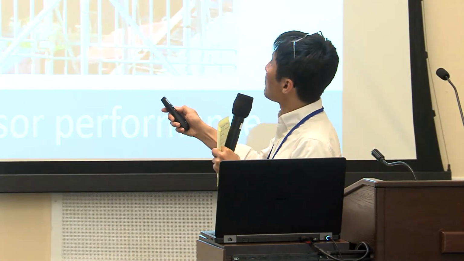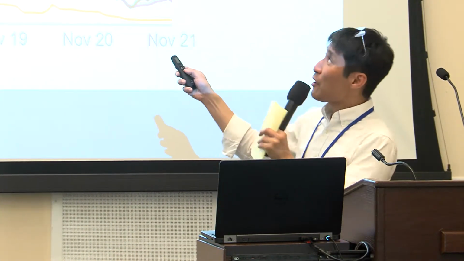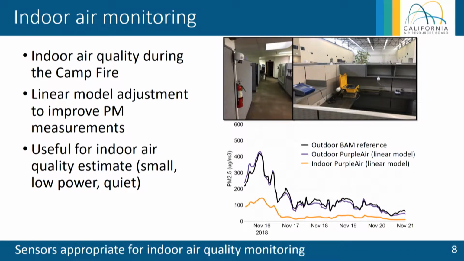These are photos of how they were installed, like this one and this one. We developed that algorithm we talked about in the previous slide. With that, we use a linear model adjustment to improve the PM measurement, and here's the result.